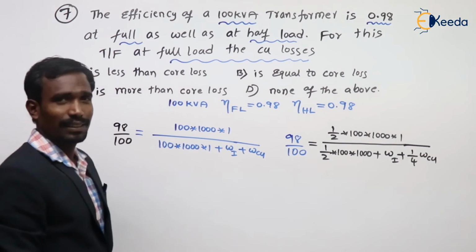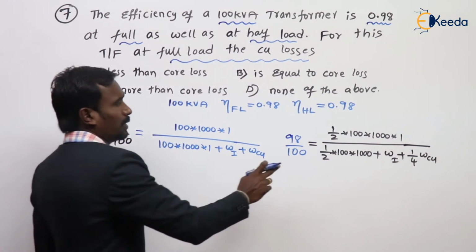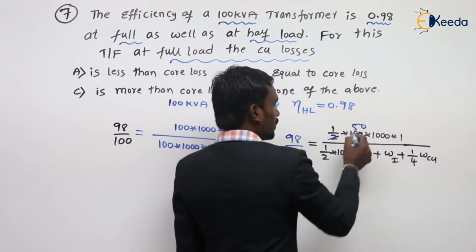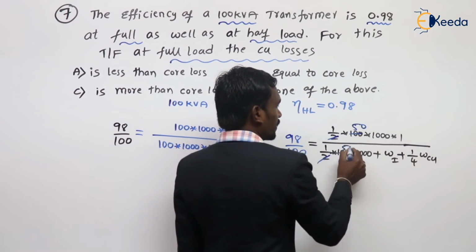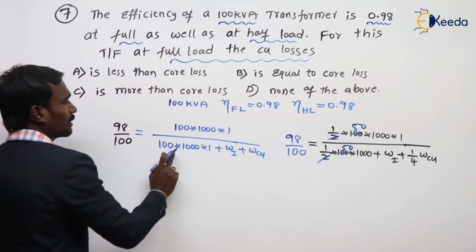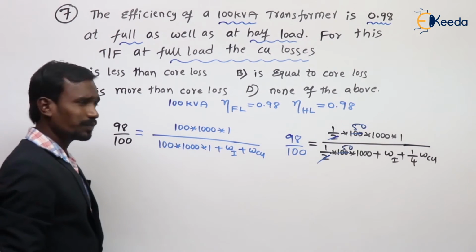Now calculate them. We have to cross multiply them. Two ones, two 50s. 50,000, 50,000. 100,000, 100,000. Iron losses and copper losses.